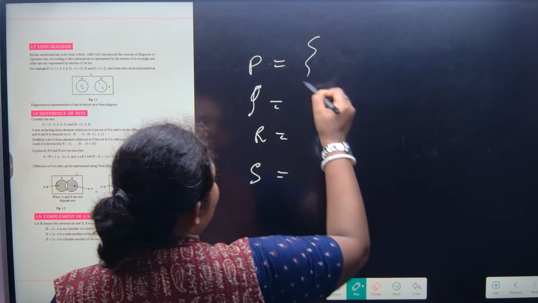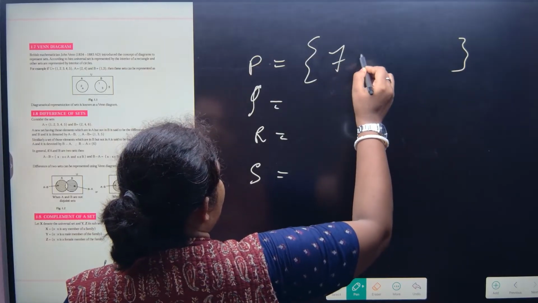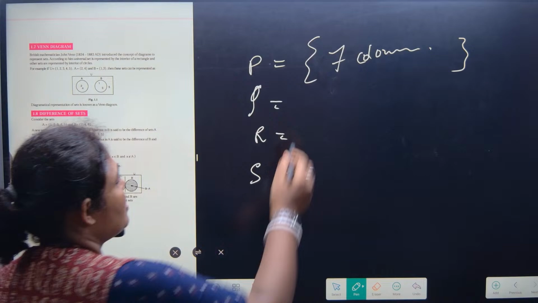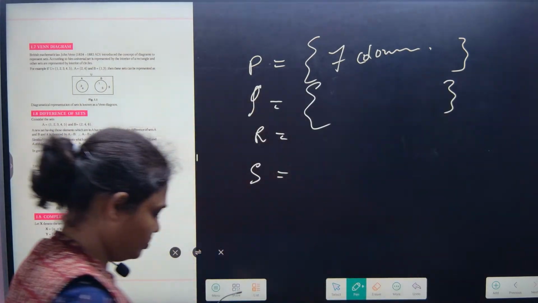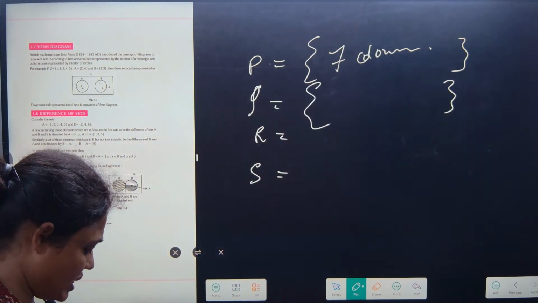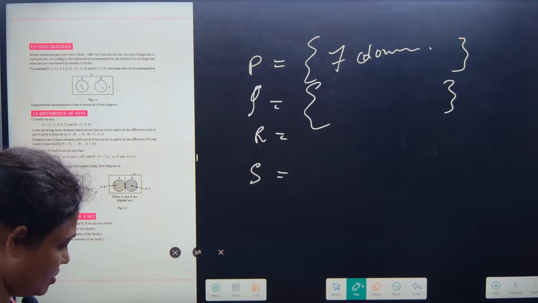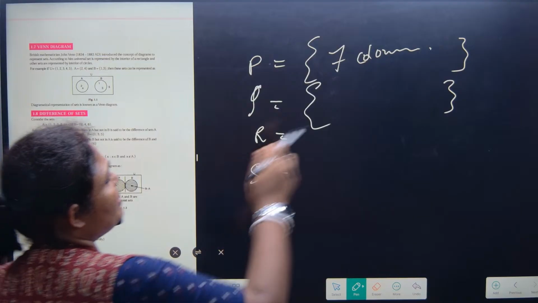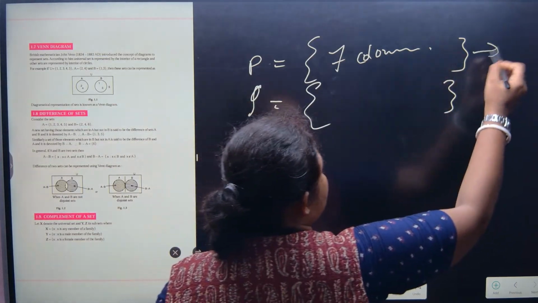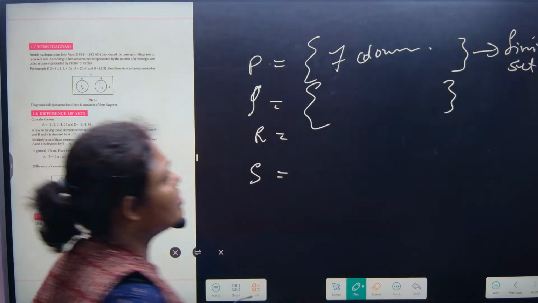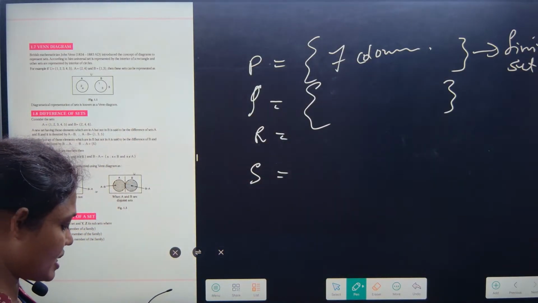That means we have 7 colors. 7 colors means it is a finite set, since we can count it.